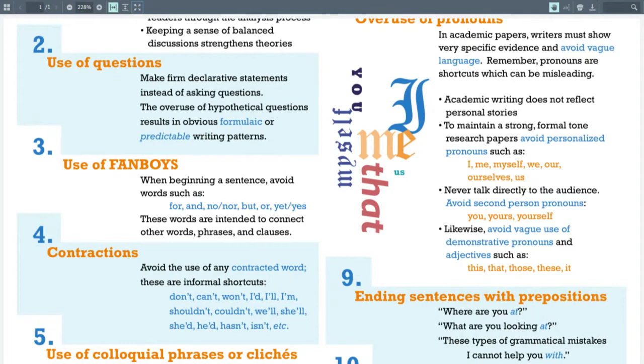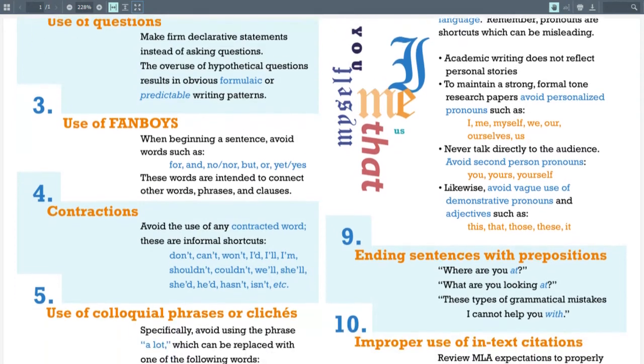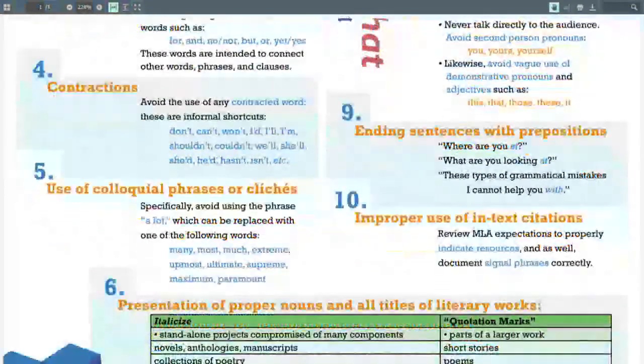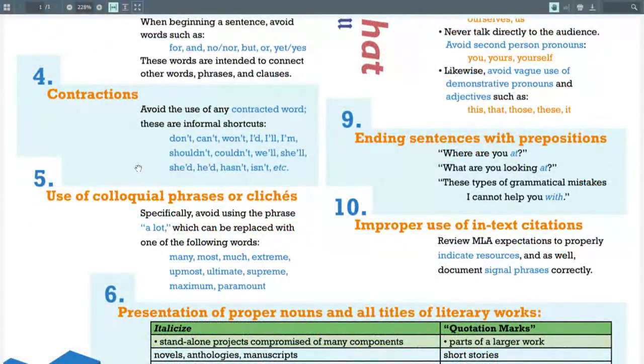So you don't want to begin a sentence with a conjunction. Overall, they're intended to connect phrases and words and clauses together, not used to introduce a sentence. So keep that in mind. Okay. Number 4 sometimes causes students to scratch their heads and look at me like I'm crazy.